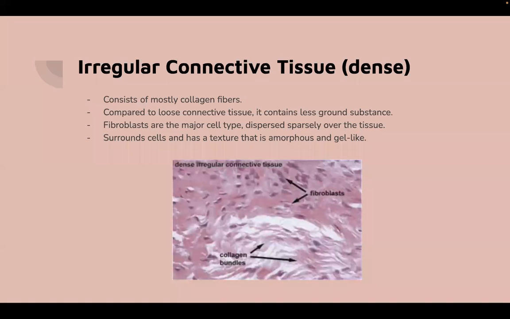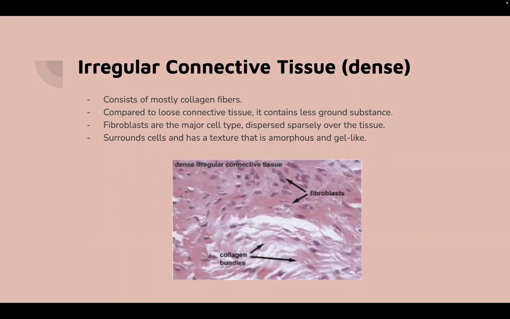Now we're going to talk about irregular connective tissue. This is also part of the dense connective tissue group. So dense irregular connective tissue consists of collagen fibers, and they're clumped up together, forming an irregular pattern.